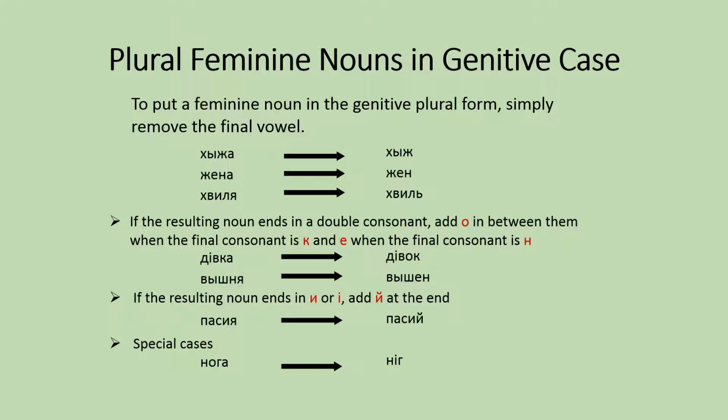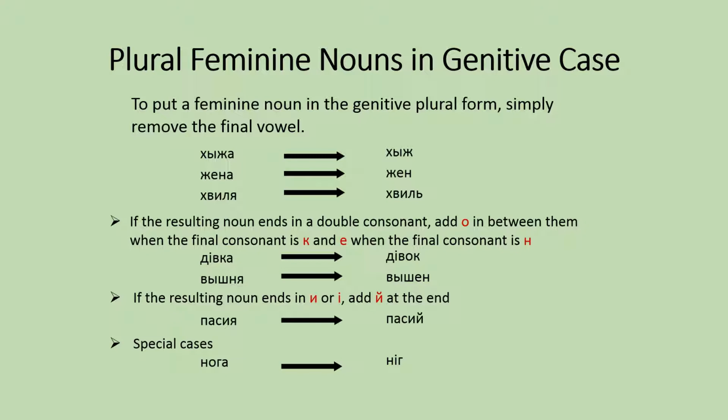The final consonant is k, and add e when the final consonant is n. For example, dievka becomes divok, and vishnya becomes vyshen.